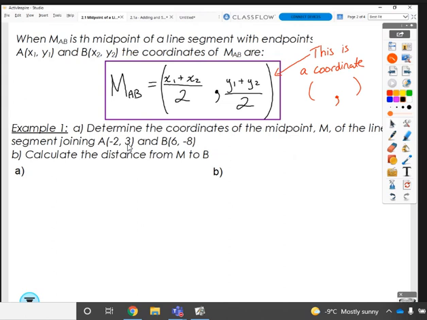Just give me a moment. I'm going to pull up my graphing tool just to show you what this might look like.